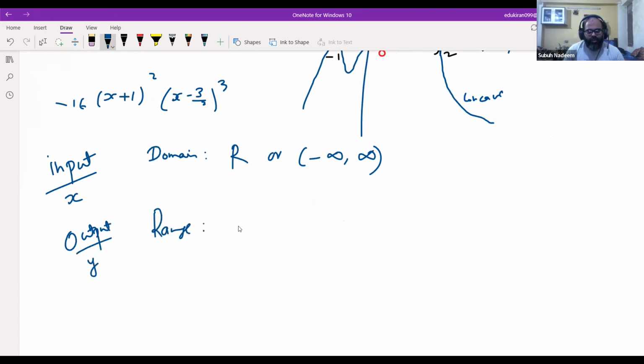So range is -24, which was its lowest value, to infinity. So -24 is included, so we'll put a square bracket. There are two types of brackets, a square bracket like this and an open bracket like this, where the value is not included.